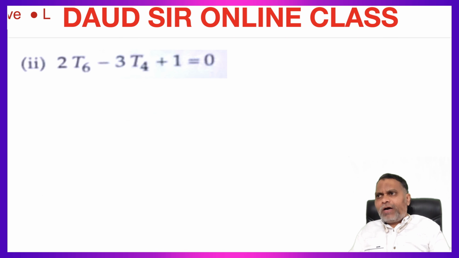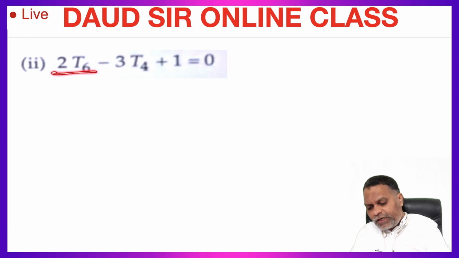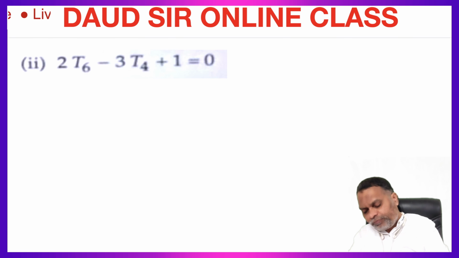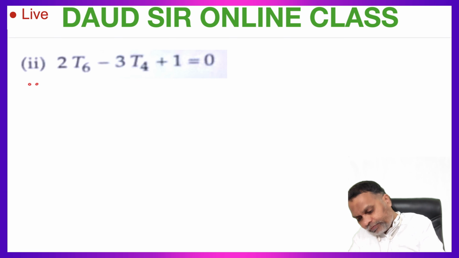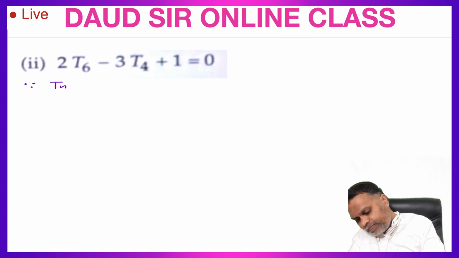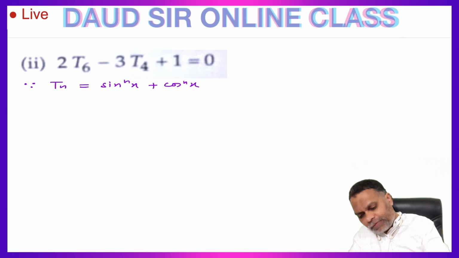Now question number 26, part second: 2T6 minus 3T4 plus 1 is equal to 0. Tn is given as sin raised to the power nx plus cos raised to the power nx.